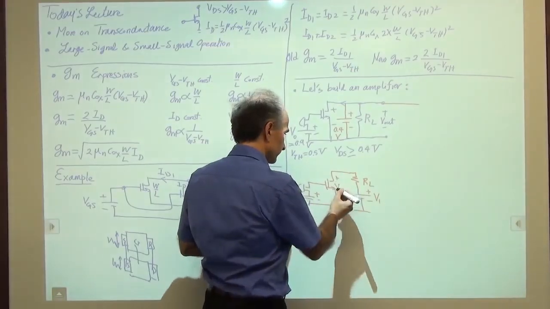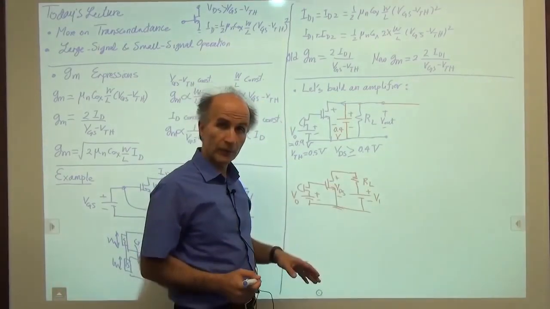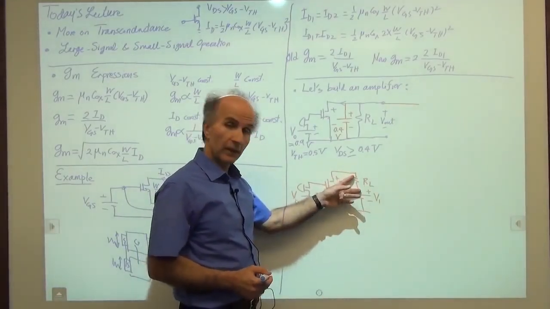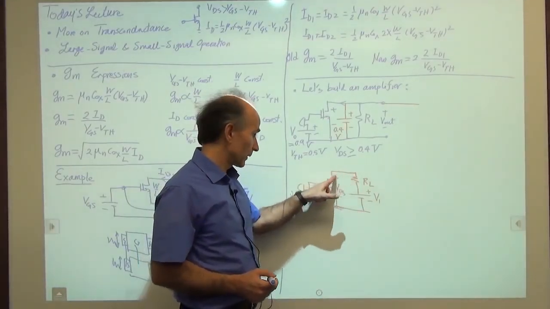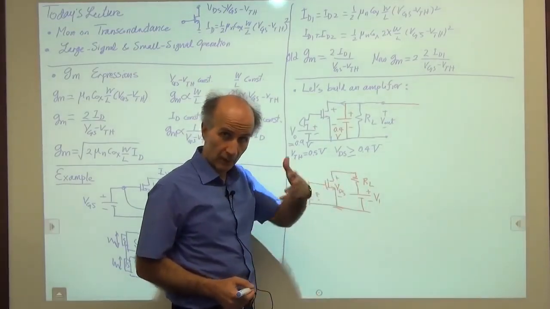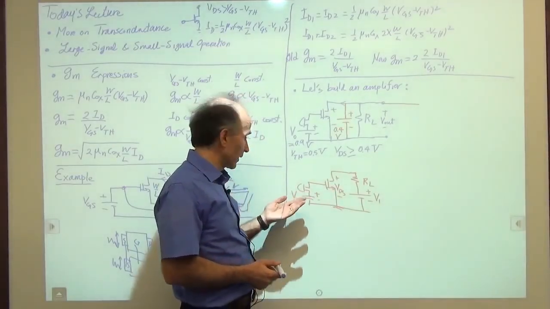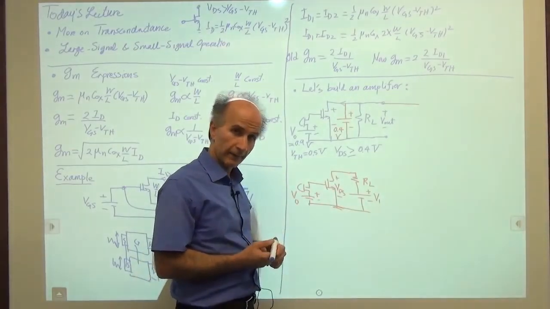And the question is, can I guarantee that this VDS is 0.4 volts while this resistor is still there and the current from the MOS device is flowing through RL to generate some sort of voltage which represents the amplified version of the microphone signal?